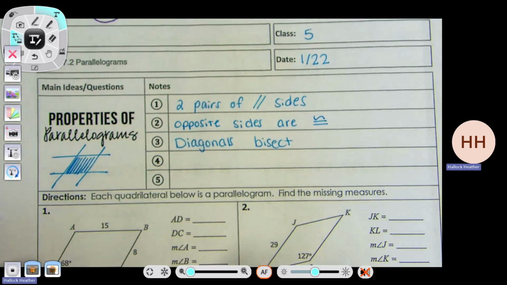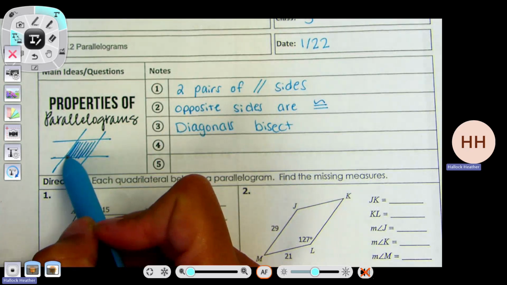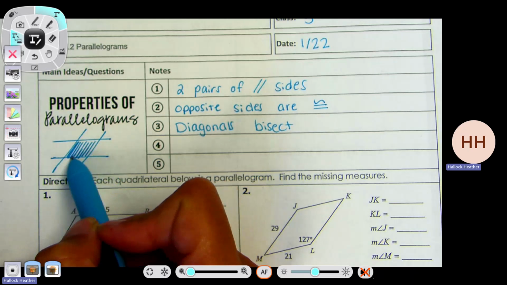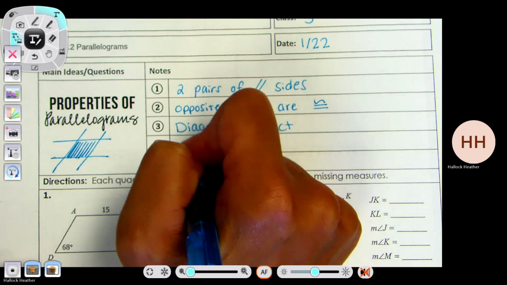The last 2 I want to put together because they both deal with the angles. Now we're talking about the inside. Opposite angles are going to be congruent. So the small angle is congruent to the small angle. Opposite angles are congruent.